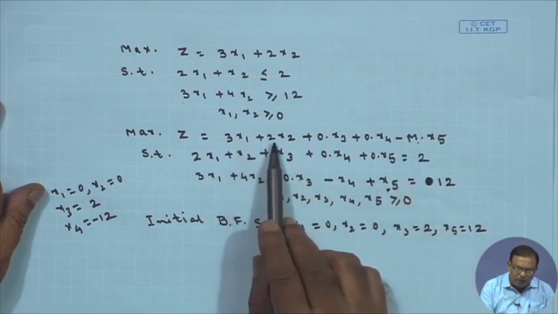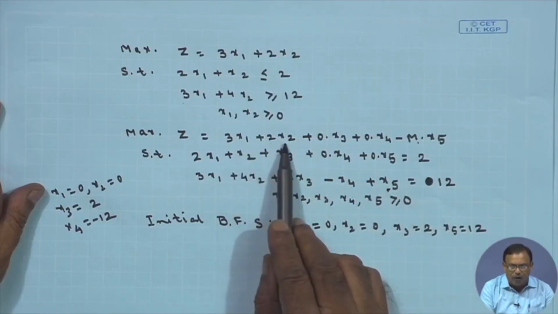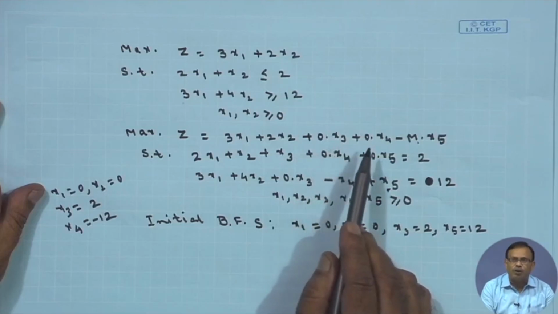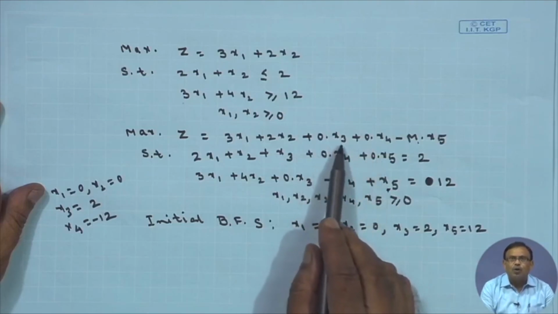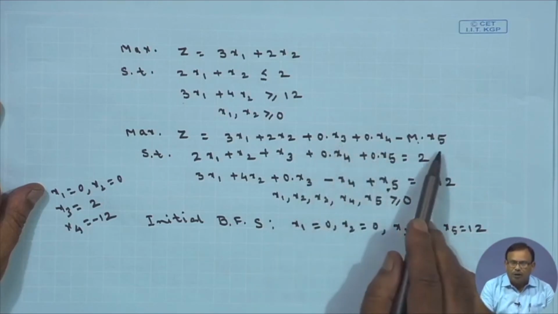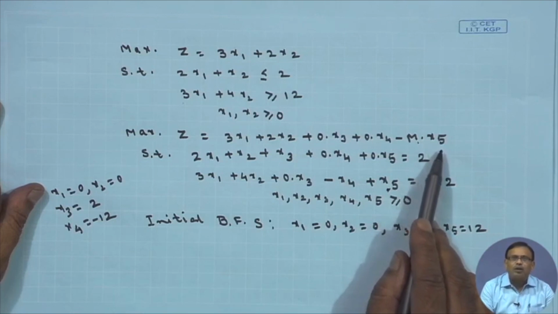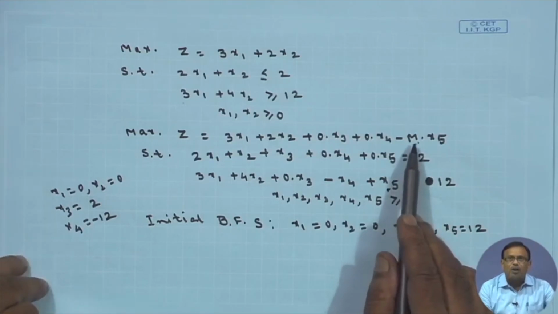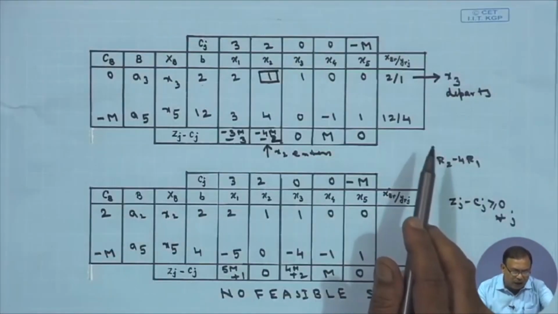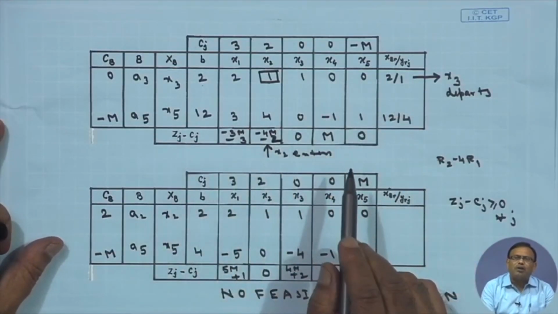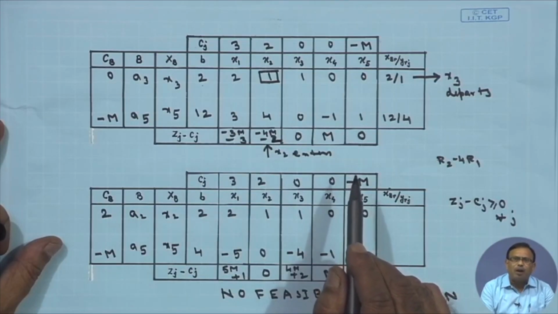So, if you look at the objective function, this is the original objective function 3x1 plus 2x2, and the coefficient for each slack and surplus variable will be 0, just like we have given here, coefficient of x3 is 0 and coefficient of x4 is 0, and we have added the coefficient of the artificial variable x5 as M, which is a very large value. Then we are writing it in the tabular form like this, and after that we are using the normal simplex algorithm, whatever we have done earlier.